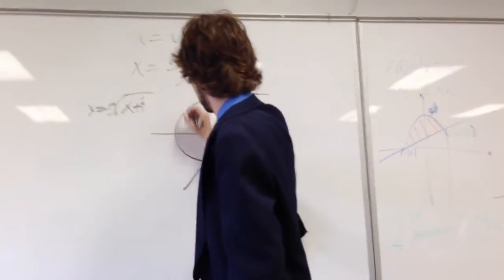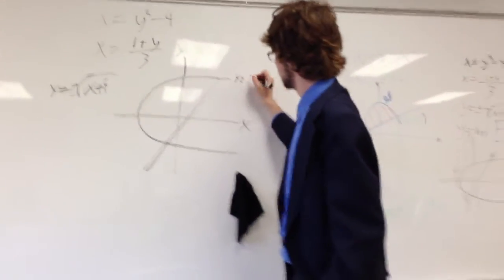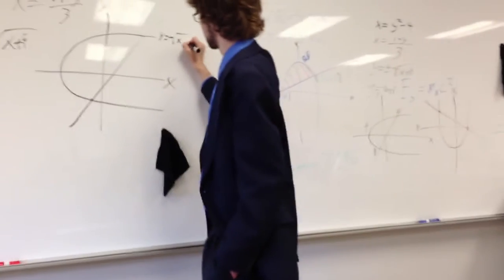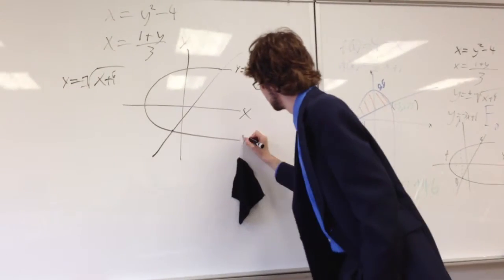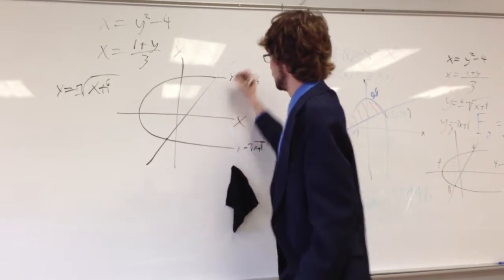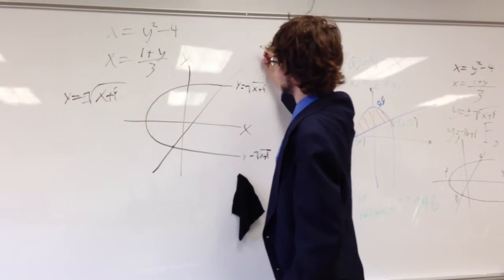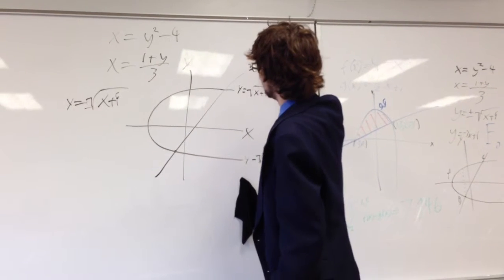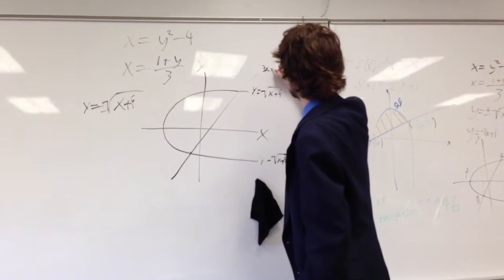So you have, this right here is square root of x plus 4, negative square root of x plus 4, and this one right here is 3x minus 1.